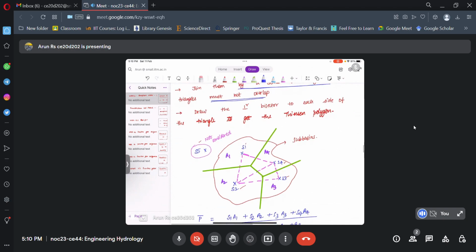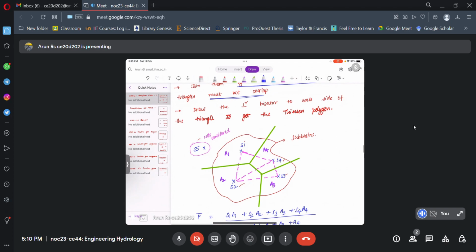After drawing the triangles, we need to draw the perpendicular bisector to each side of the triangle and extend that perpendicular bisector to the catchment boundary.